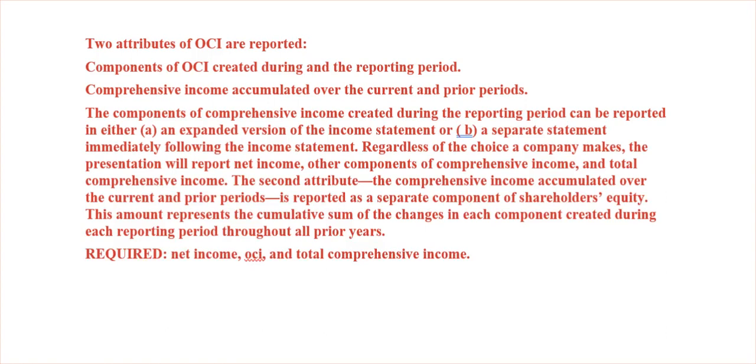This amount shown in AOCI can be positive or it can be negative, because these items are not thought to be items that are directly under the control of the corporation. When we look at net income, there's a presumption that net income should be positive, right? We should have net income and not net loss. Supposedly, there is not that presumption with OCI, and as a result, AOCI could be positive or it could be negative.